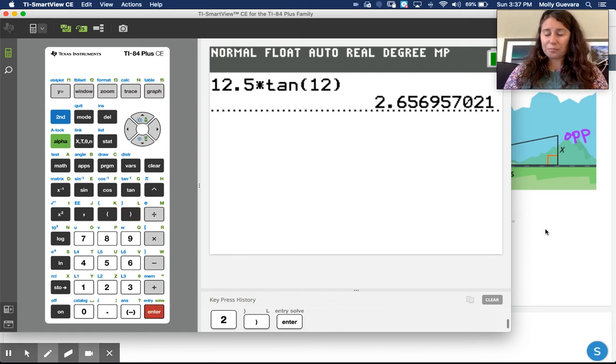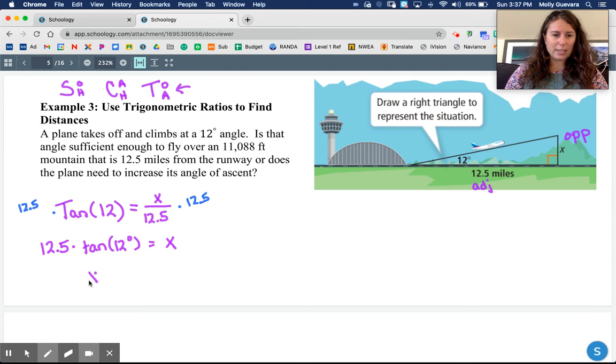And I hit enter. So I get about 2.6, let's just say 2.66. Okay, so I get x is about 2.66. And remember, this is miles. 12.5 was in miles, so I'm in miles. So the plane will be about 2.66 miles, plural, high.